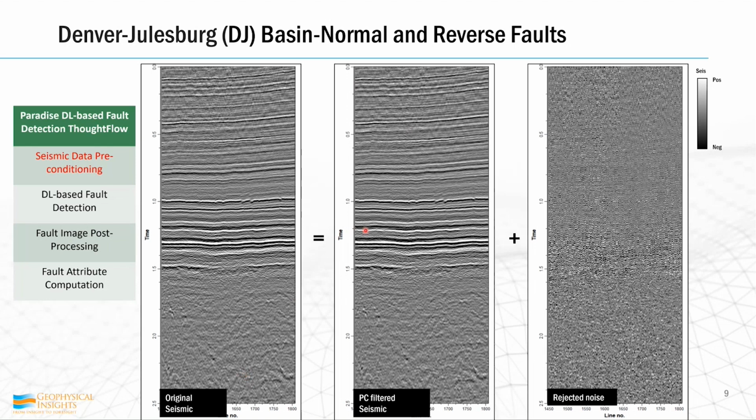The middle one is showing the PC filtered seismic data, where we applied 3D structure-oriented filtering to reject some random noise, which is shown in the third column here, and some incoherent noise. Note that our seismic data preconditioning works well at removing those incoherent noises, which are right here, and also sharpens the discontinuities compared to the original seismic data.